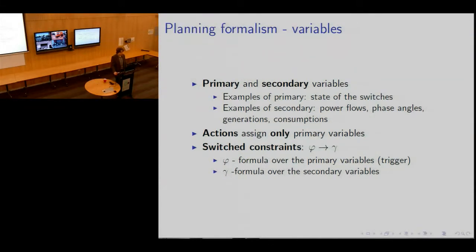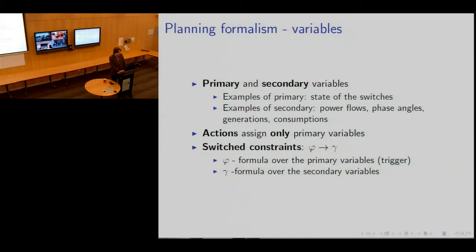Additionally, we have these secondary variables, which do not have to be over finite domains. They can be real numbers. In our power network problem, these include power flows, phase angles, generation in the generators, consumption in the loads.